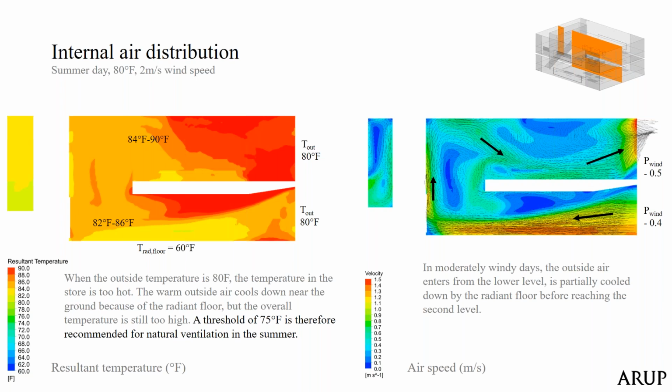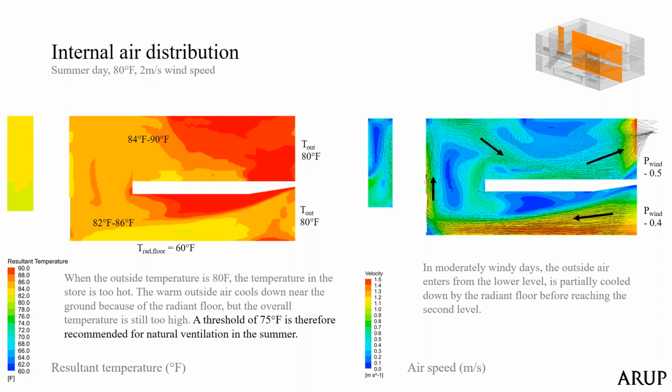Here is a section through the store, and you can see we import the outside temperature and the pressure coefficient that we got from the previous CFD to see how we would expect the air distribution to behave inside the store, and if that situation would have been acceptable or not without the additional system. Here the radiant floor was on, so it was a 60 Fahrenheit surface. You can see that when the air comes in, it's cooled a little bit by the floor, but overall the temperature is too high.